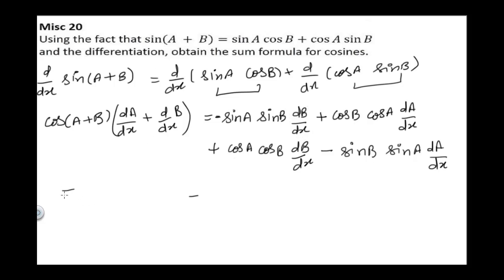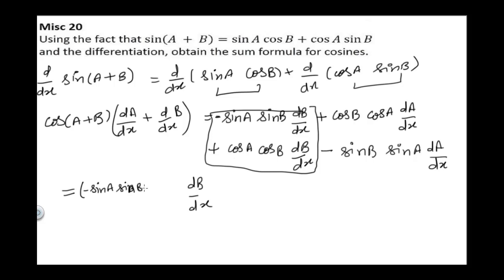Of these terms, one is minus and one is plus, and I am taking db/dx common. What we are left with inside the bracket is minus sin a sin b plus cos a cos b.